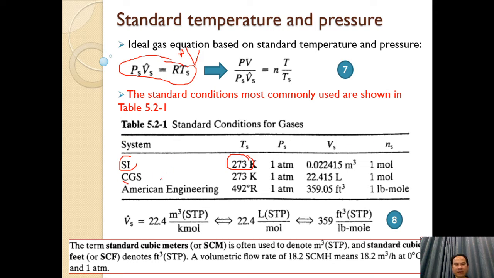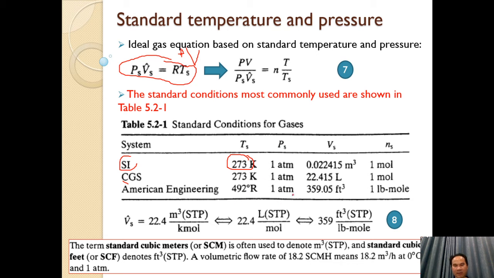For CGS units, it is also the same. Temperature is 0 degrees Celsius or 273 Kelvin. P_S is 1 atm. V_S is 22.415 liters, and 1 mole. If you use the American Engineering unit, the standard temperature is 492 Rankine.